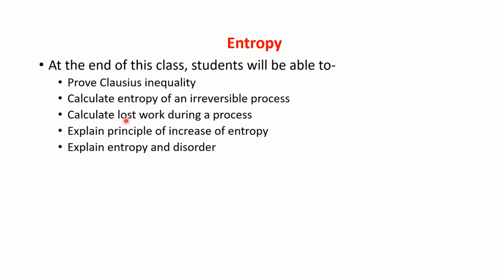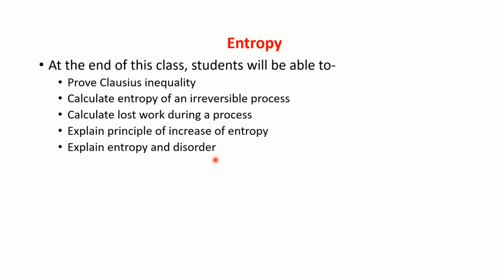And you must have understood the concept of lost work, correct? As entropy increases, lost work will increase, and the entropy of the universe, which is considered an isolated system, always increases.